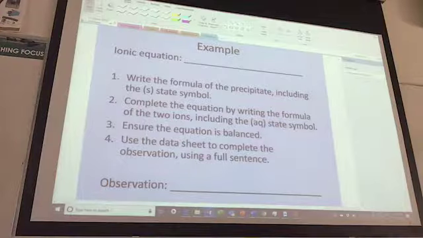So we write the formula of the precipitate, including our state symbol, so we know that a precipitate will be a solid. We complete the equation, and then we ensure the equation is balanced, and then we write our observation using the information from our data sheet.